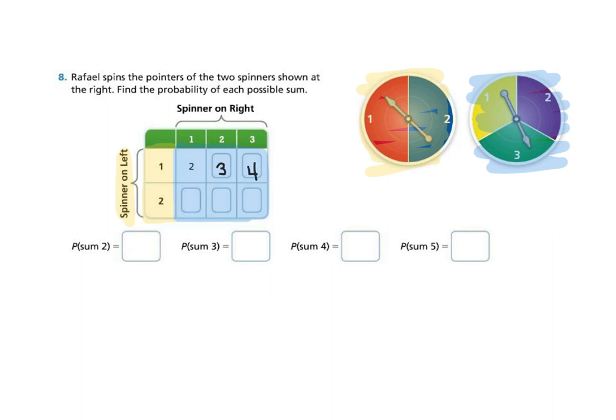Now let's go to the bottom. What is the sum of 2 plus 1? 3. 2 plus 2, 4. 2 plus 3, 5. And again here, guys, I was just adding my numbers just like this to get those answers, okay?